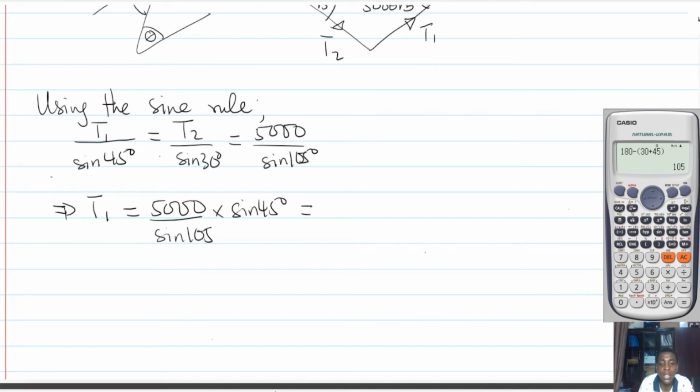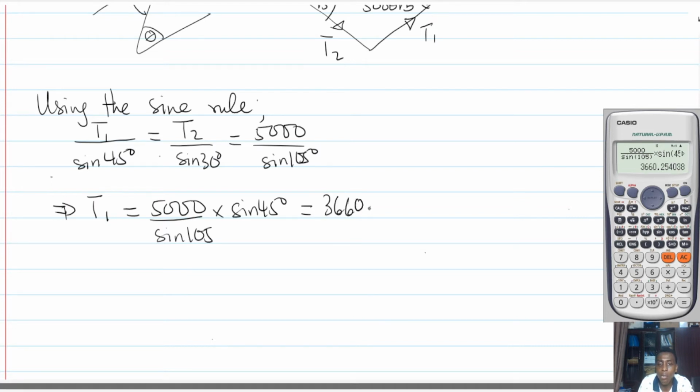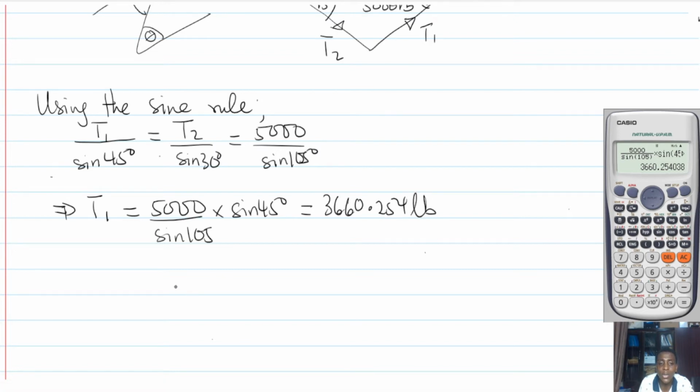T1 is going to be 5,000 divided by sine 105, multiplied by sine 45. So I'm going to get 3660.254 pounds. So that is the tension T1.